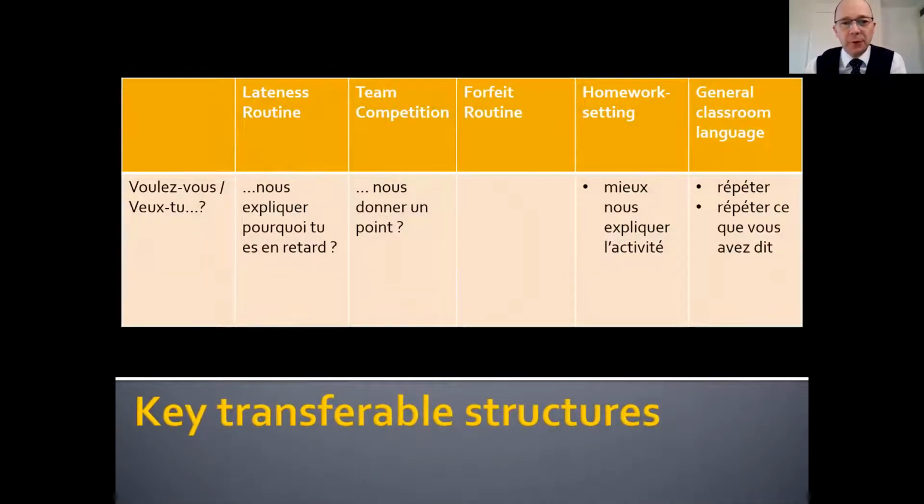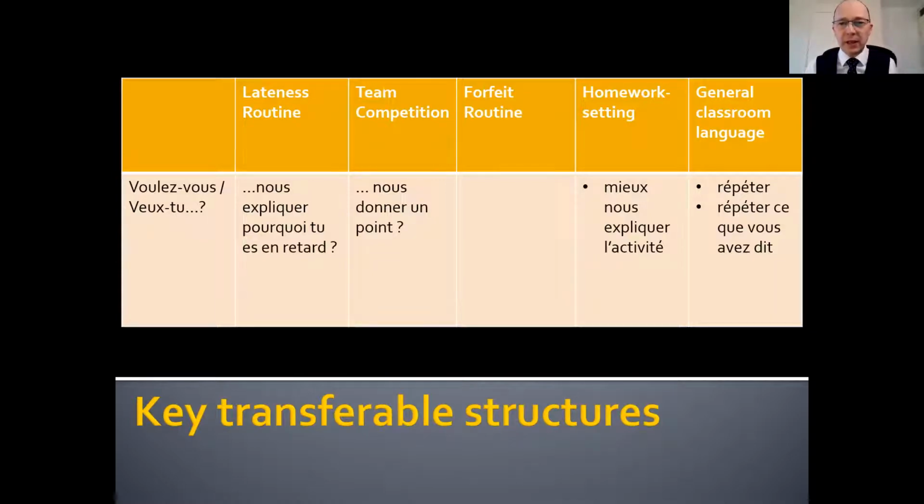Now, "voulez-vous" and "veux-tu" is something I meant to mention this morning that slipped from my memory under the pressure of time, I think. Come back to that in a sec. So, "veux-tu" and "voulez-vous." "Voulez-vous" is where they meet it first, and it's with "voulez-vous répéter, s'il vous plaît." I don't usually teach them just "répéter, s'il vous plaît," because it's hard to get them off it.